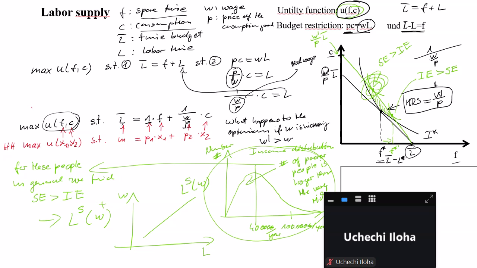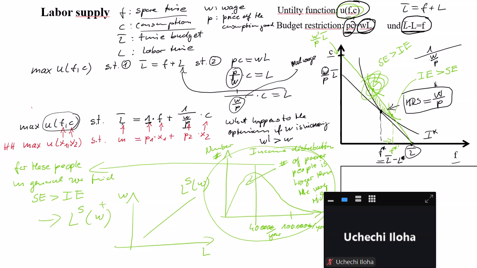And every hour which I work, I cannot be at the beach, so I have to reduce my spare time. All my wage earnings, W times L, I spend on consumption, P times C. I also have my time restriction, a budget of time, let's say 16 hours per day, because 8 hours of the day I have to sleep.